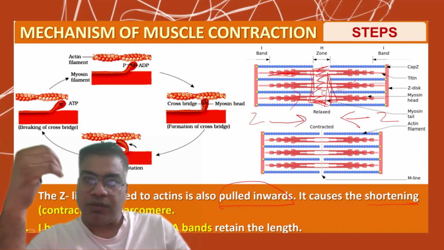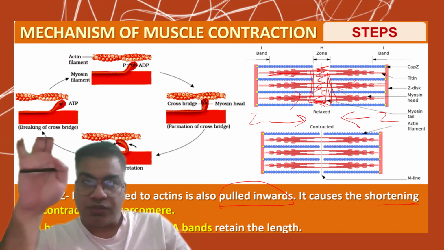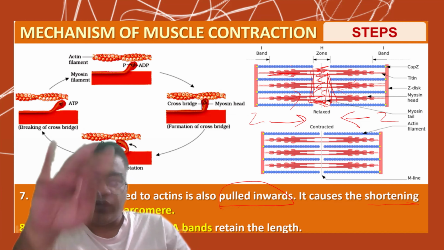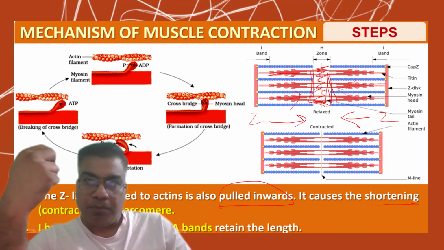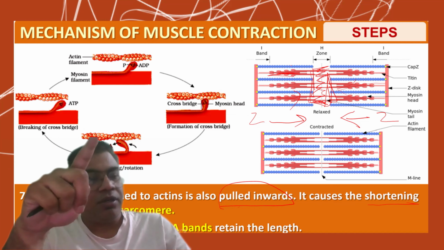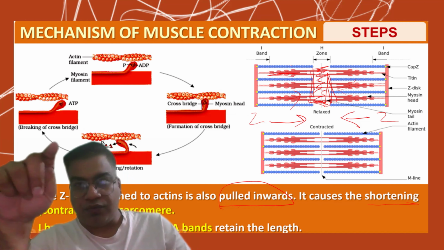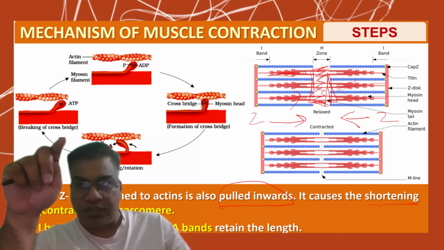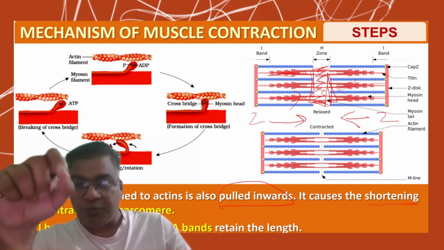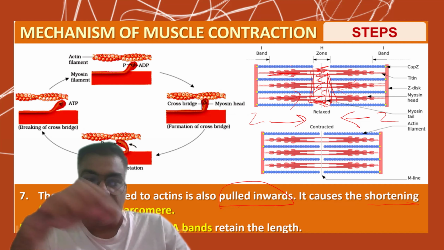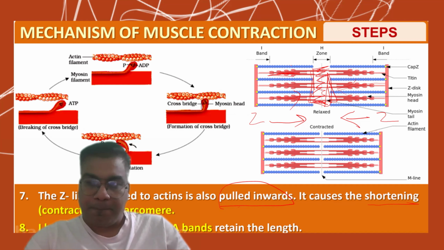This was due to the action potential from nerve cells, which was responsible for the release of acetylcholine. This acetylcholine was responsible for the generation of action potential on the muscle fiber or muscle cell.